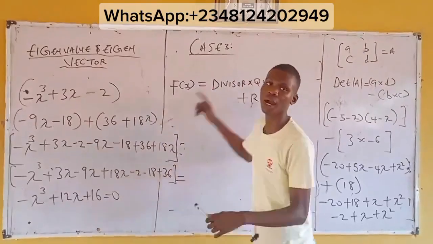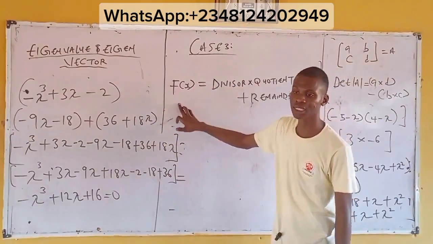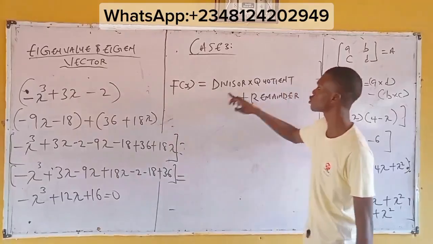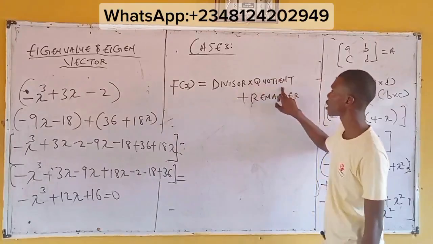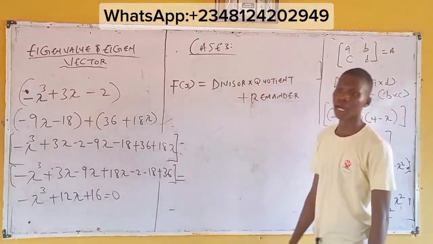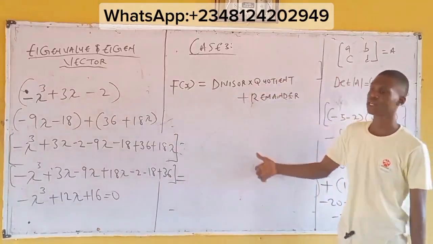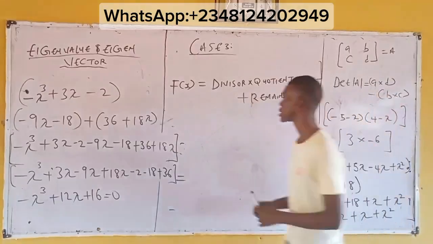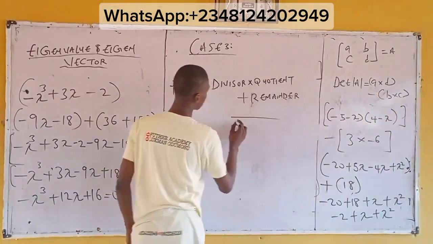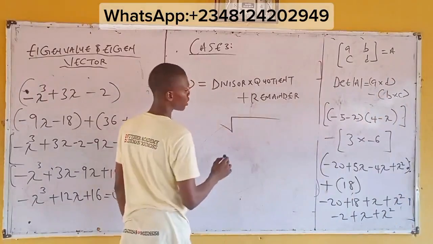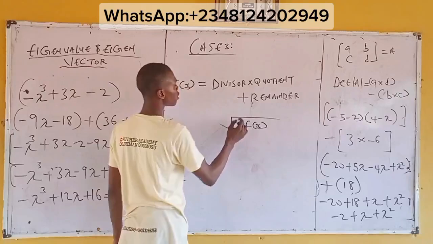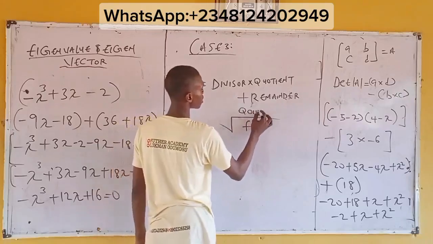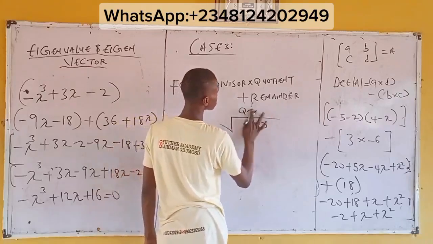From polynomial, let's say this is a given polynomial f of x, meaning f of x is equals to your divisor multiplied by your quotient plus remainder. Now, relating this to the long division method, this is your polynomial f of x, and this is your quotient.